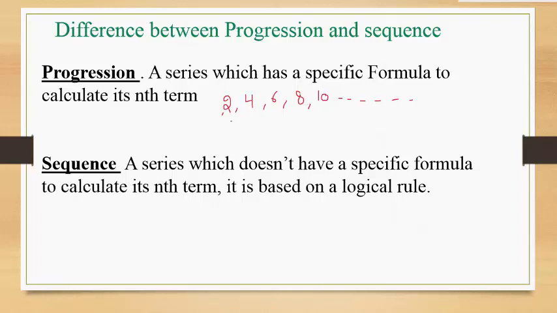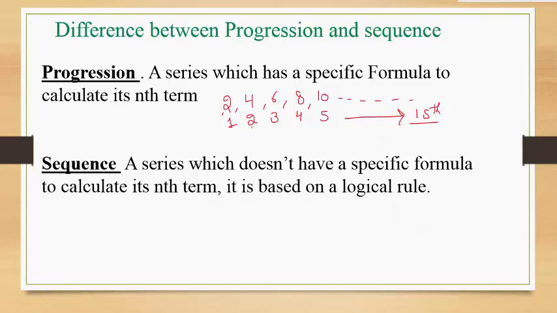Now if I want to calculate its 15th term, this is my first term, this is second term, this is third term, this is fourth, fifth, and I want to find out the 15th term of this series, then I have a direct formula. This is arithmetic progression. Then this is progression.